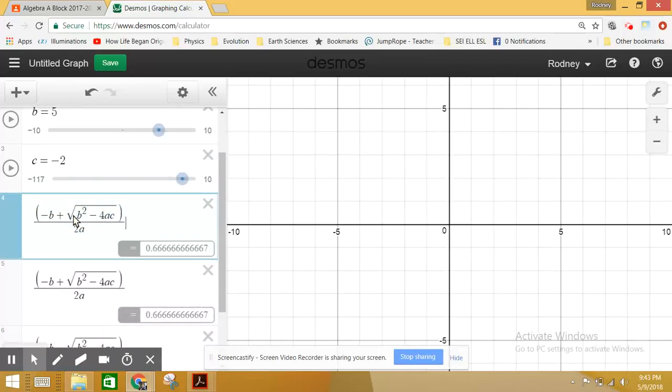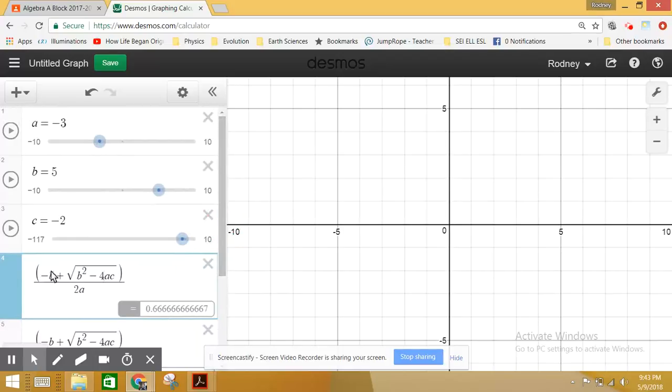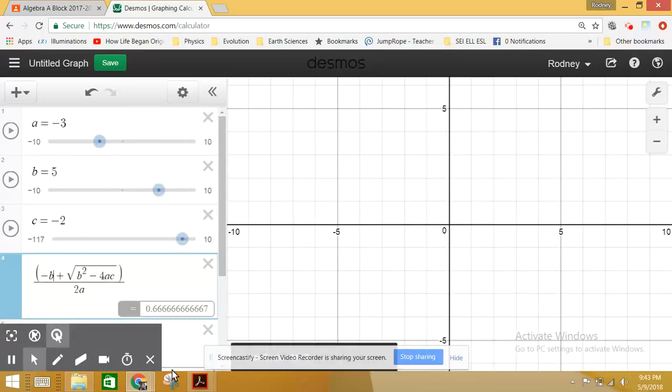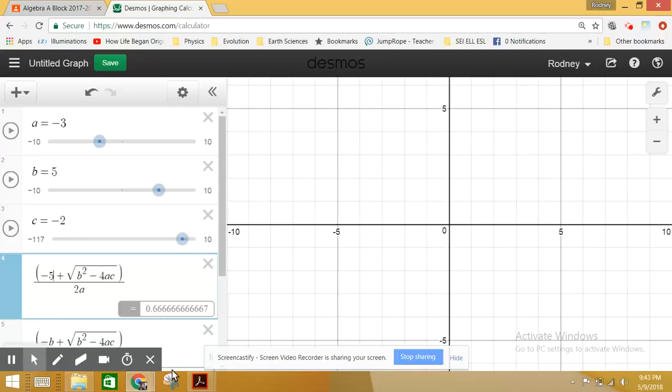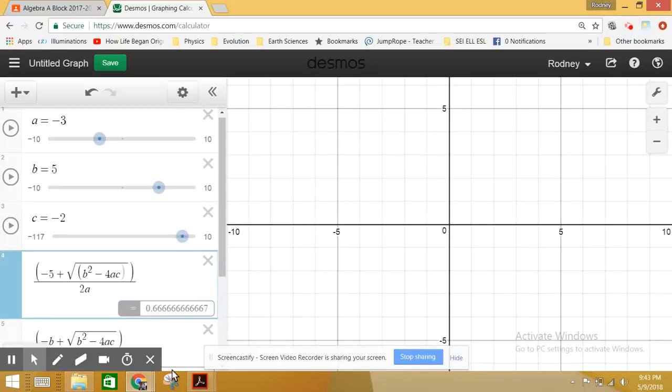Okay, I'm going to take this and plug in all those values. Let's scroll up to remind ourselves what they were. So I've got negative B, and B happens to be 5, so it's negative 5. And B squared, just to make it clear, I'm going to put parentheses around 5.